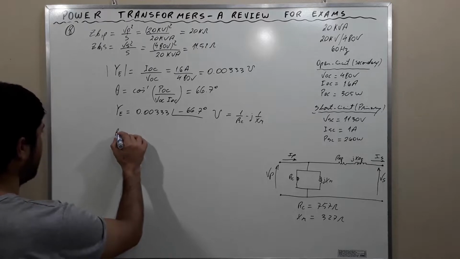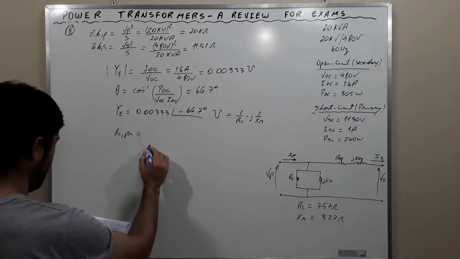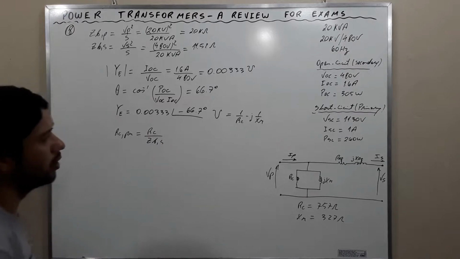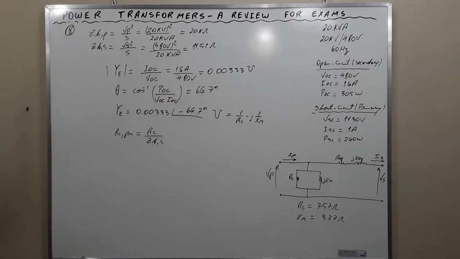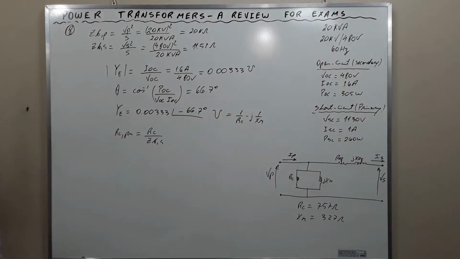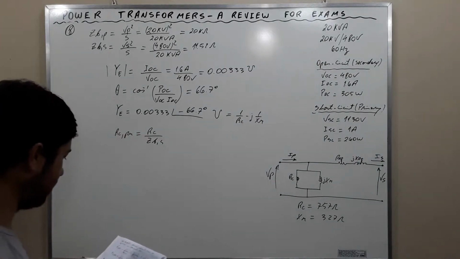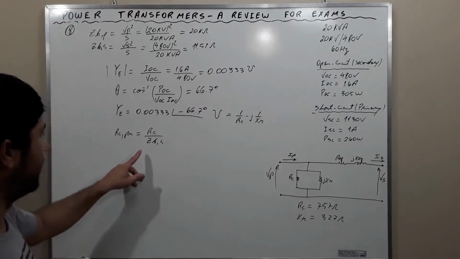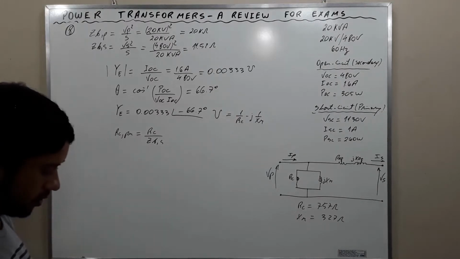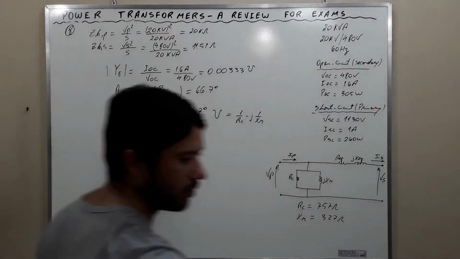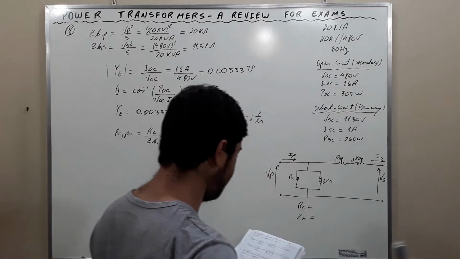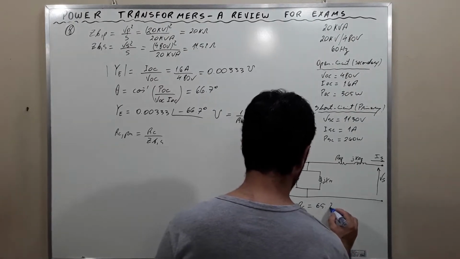RC per unit is going to be RC divided by ZBS, referred to the secondary side, because you see here that it was said that the open circuit test was performed at the secondary side, and if we divide this value here by the base impedance of the secondary side, we find 65.7 per unit.